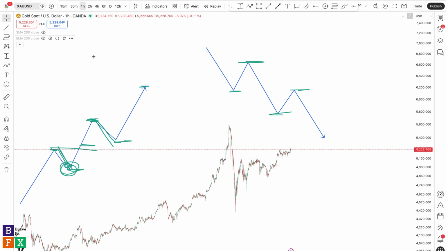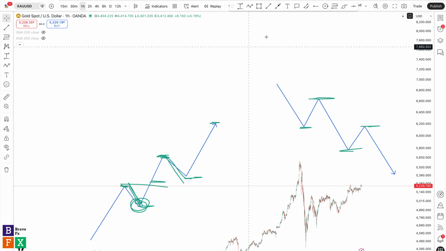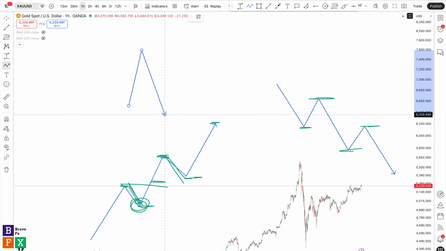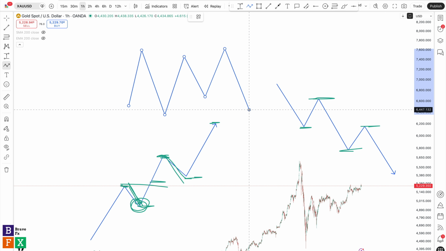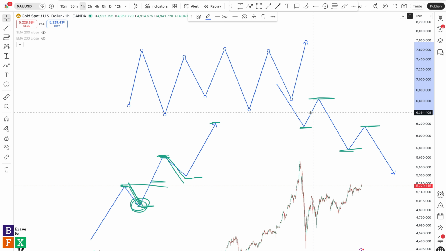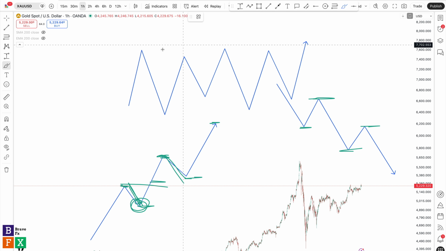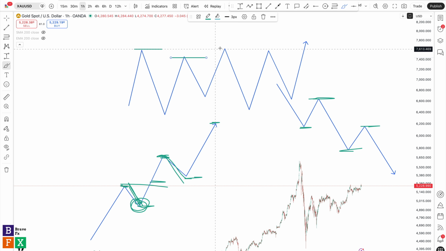So ranging market, this is something I don't mess with, right? Because it simply tells you that the market is consolidating, right? So what this means is that we get equal highs, equal lows, or close to or identical highs and lows. You can see over here, right? You can see the highs are identical, right?